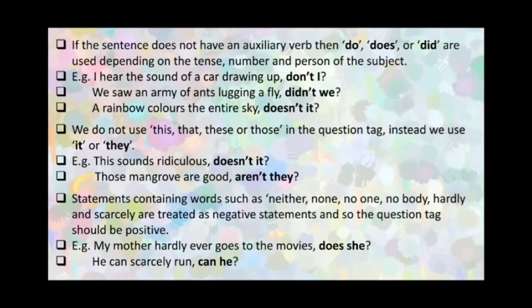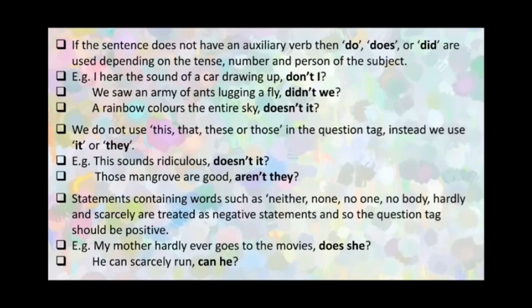For example, I hear the sound of a car drawing up. It's present tense, so the tag used is don't I. It is used in a negative way because the sentence is positive.